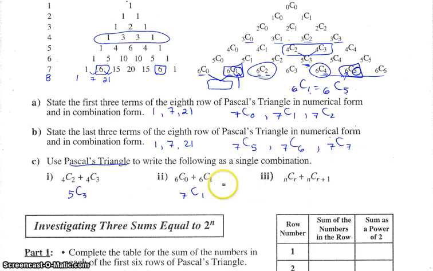So we were working on this investigation, C, and we are about to do n choose r plus n choose r plus 1. And we're using this pattern. If you notice, it was 6 and 6, and then that went to a 7. So that means this has got to be n plus 1, one more than what these ones were.